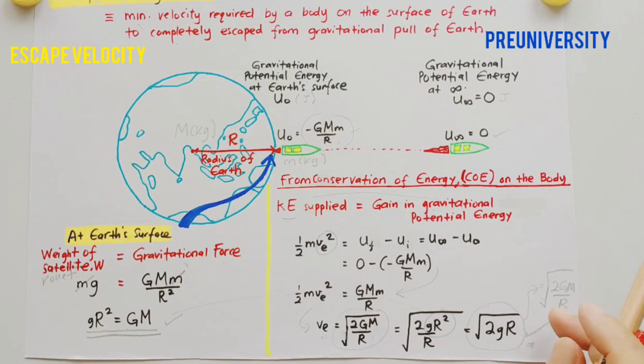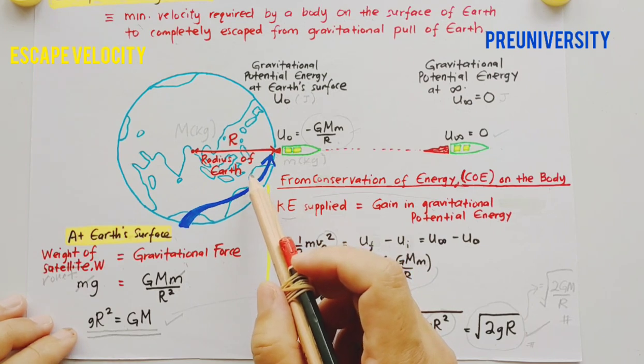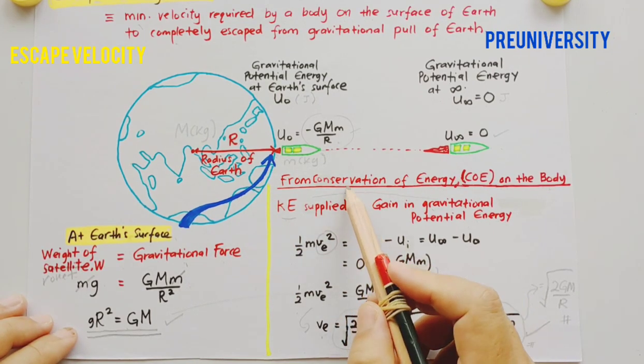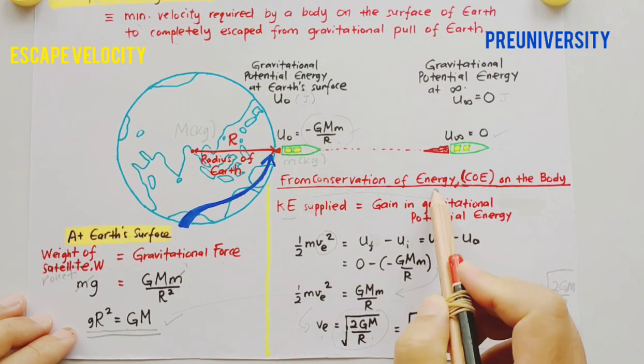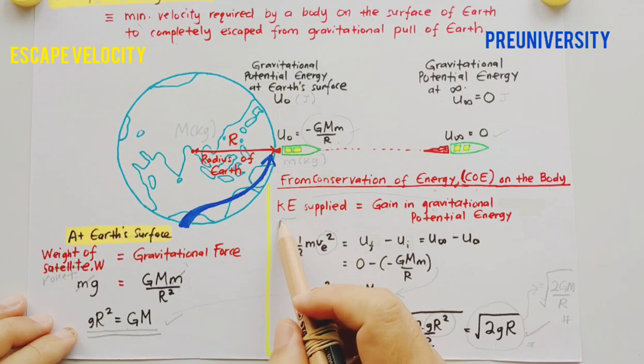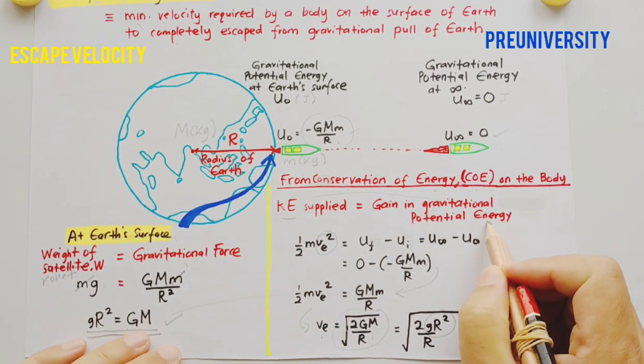So before I stop, just to recall the idea of how to get the escape velocity, actually from the conservation of energy on the body. That means change from the kinetic energy to the gravitational potential energy.